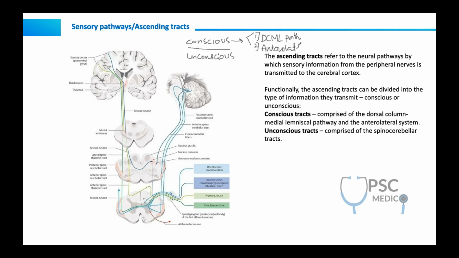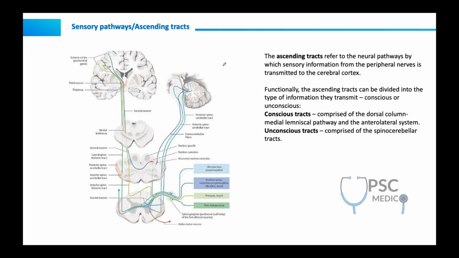In the anterolateral system, we have the spinothalamic tracts. There is an unconscious pathway made up of spinocerebellar tracts. Most textbooks, when they say sensory tracts, only mention the conscious tracts. So this is an extra addition for you. There are some unconscious tracts also, that is the spinocerebellar tracts.